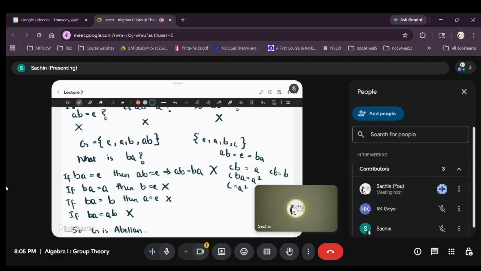If CB is equal to B, then that simply means that C is equal to E, which is not possible.